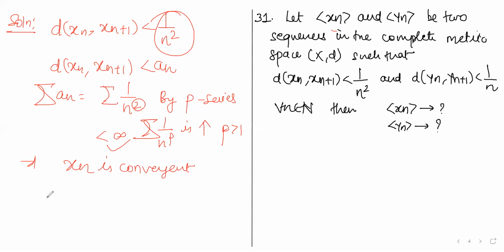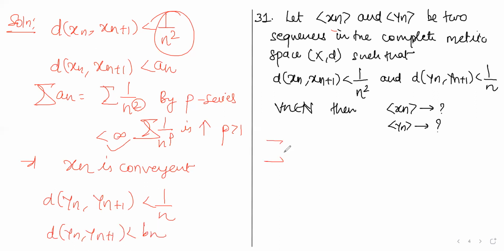Now talk for y. In the same manner, d(yn, yn plus 1) is less than 1 over n. Take this to be the sequence, so d(yn, yn plus 1) is less than some bn, and inspect the behavior of the series bn. That gives me the series 1 over n, which is a harmonic series.